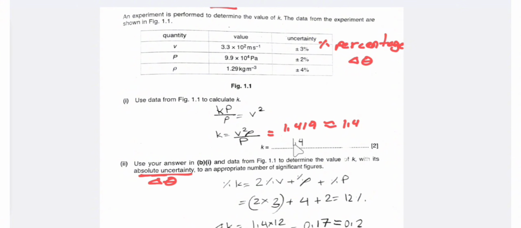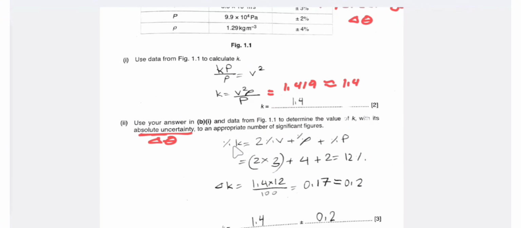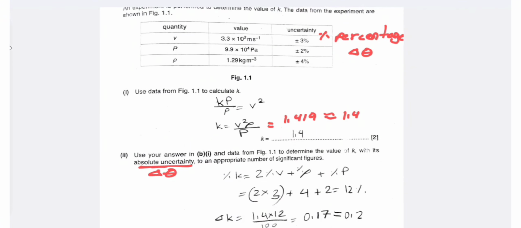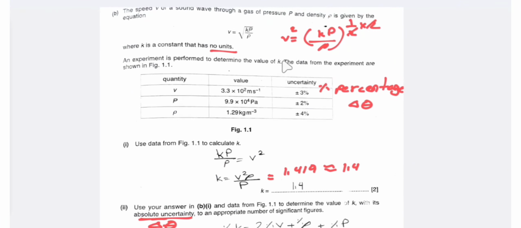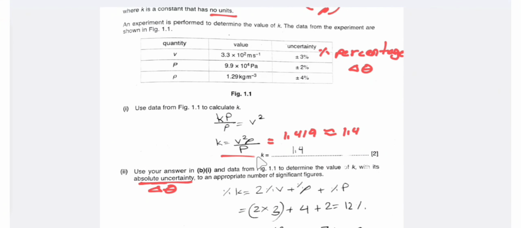We already know the value of k, that is 1.4. Since we are given percentage uncertainties, we calculate in terms of percentage uncertainty. The percentage uncertainty in k is 2 × the percentage uncertainty in v, since it is v squared, plus the percentage uncertainty in ρ plus the percentage uncertainty in p.